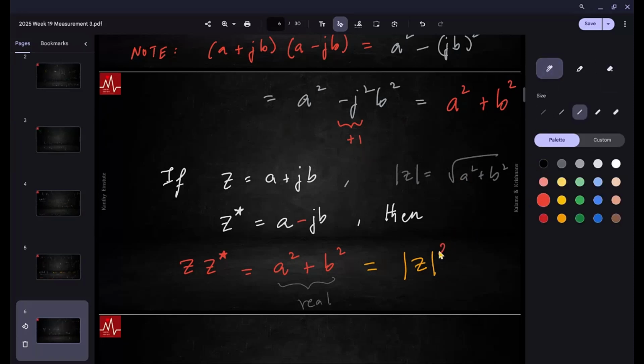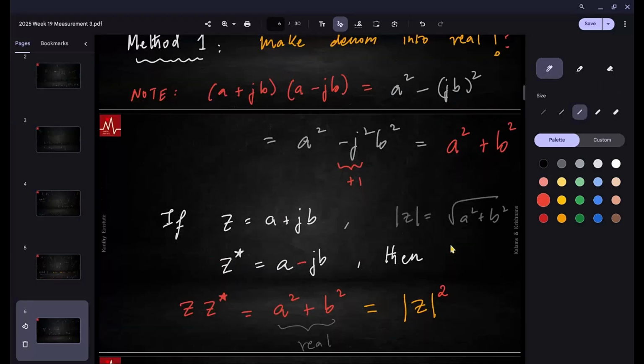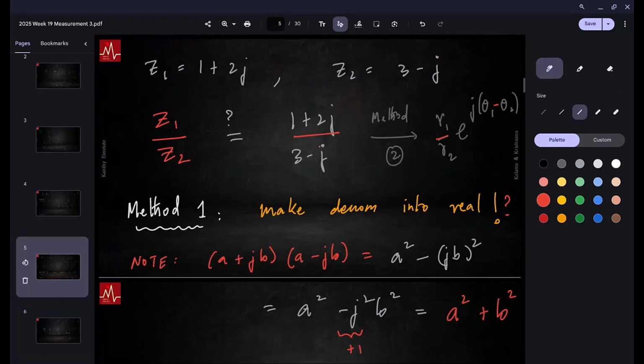So this gives you a quick way to make the denominator real. Multiply and divide by the complex conjugate of the denominator. Your denominator is now real. Multiplied and divided it, so on the whole there is no change.